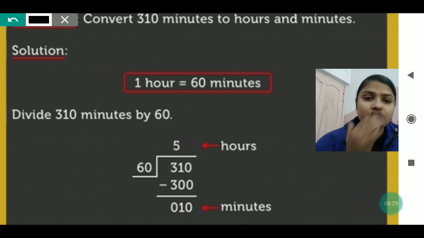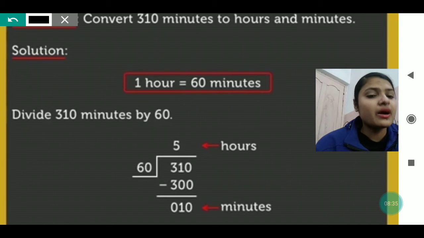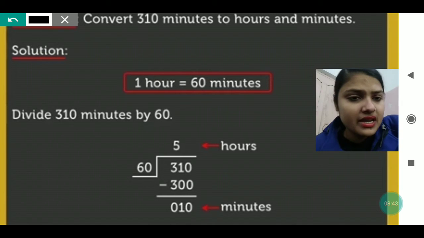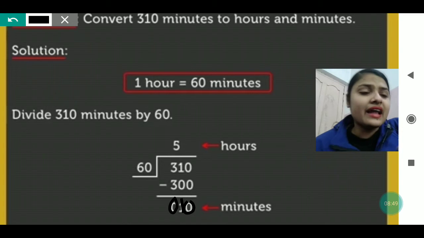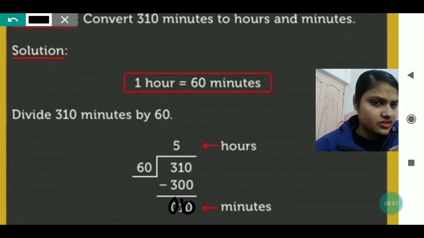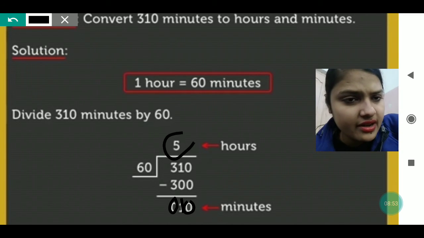Okay, so what you will do: first you will write 1 hour is equal to 60 minutes, and 310 will be divided by 60. Then you will write 300 just below 310 and subtract it. Then you will get 0 minus 0 is 0, 1 minus 1 is 0, and 3 minus 3 is 0. And how many times have you got this 300? You have got this 300 in 5 times.